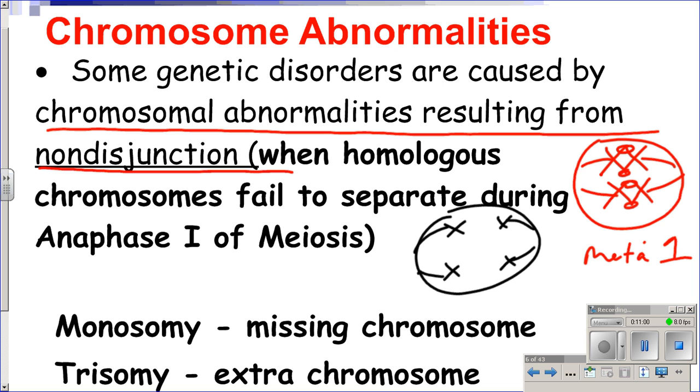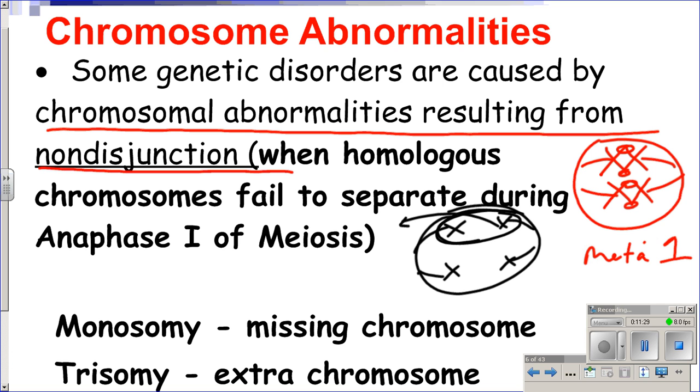But just FYI, if this chromosome pair does not separate appropriately, and both of those chromosomes go that way, then when we go through meiosis 2 and separate our sister chromatids, we're going to end up with cells with not enough chromosomes and cells with too many chromosomes. Those cells are called your gametes, right? Those gametes then come together later on, and they're going to end up with a zygote with either too many chromosomes or too few chromosomes.